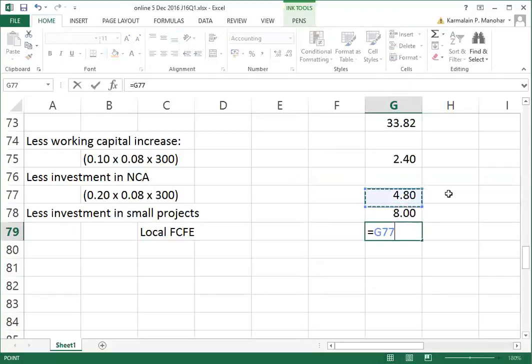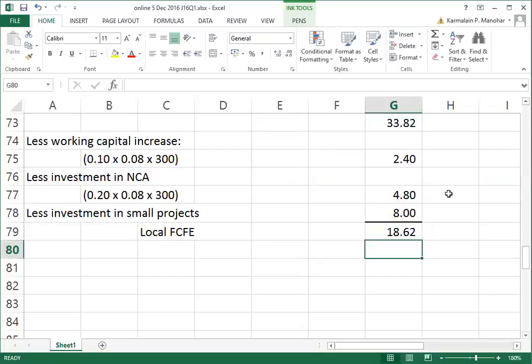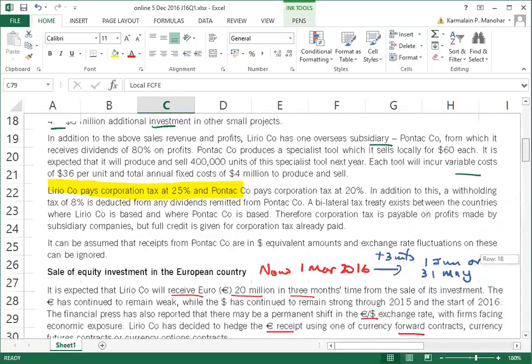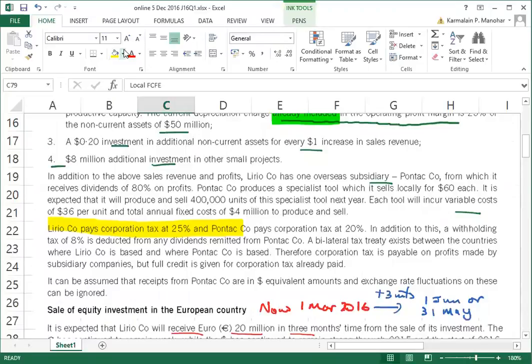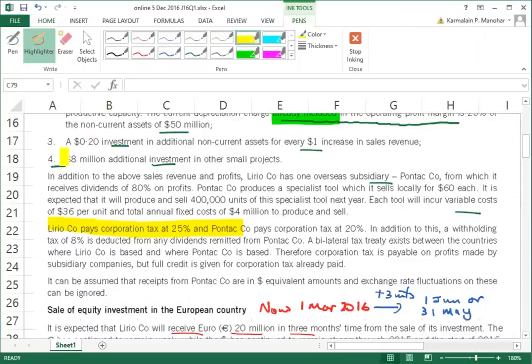So it's equal to that minus these 3 things, minus 18.62. So we ain't done yet. That's just local. Back up to our case, which told us in addition to all of that stuff. All right, so right here, they use the same phrase on us. In addition to the above sales and profits, we now need to deal with more stuff.